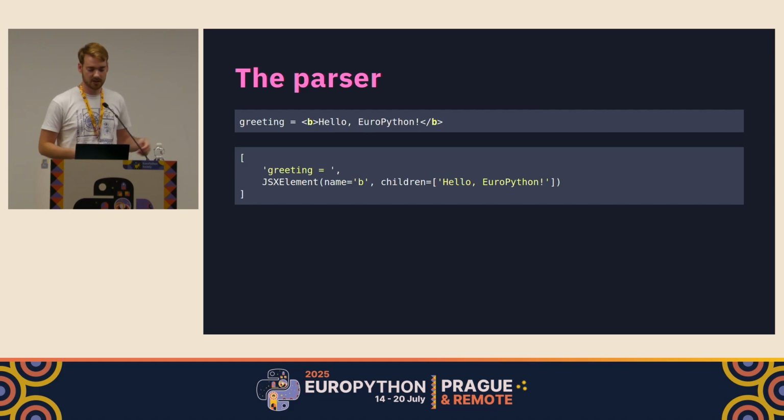We don't really care. If it's invalid, Python is going to tell us. And then the rest needs to have some kind of structure. So for example, there's a name. You can see the name equals B, so we know that it's the B element, the B tag. And then there are the children. The children are just the children of the HTML element, which is hello EuroPython.